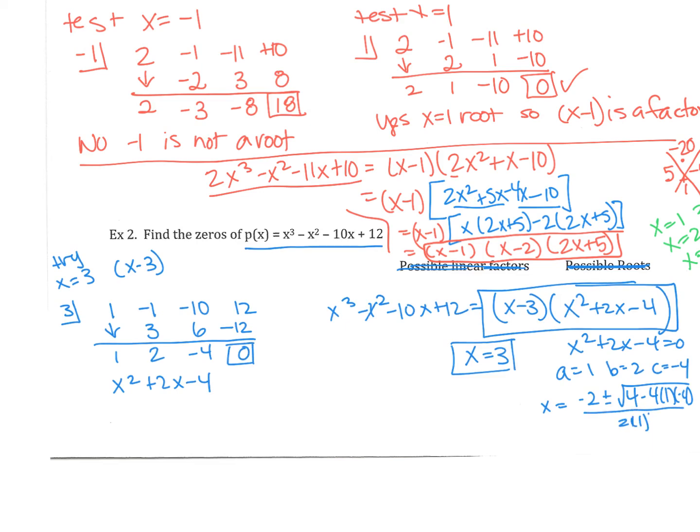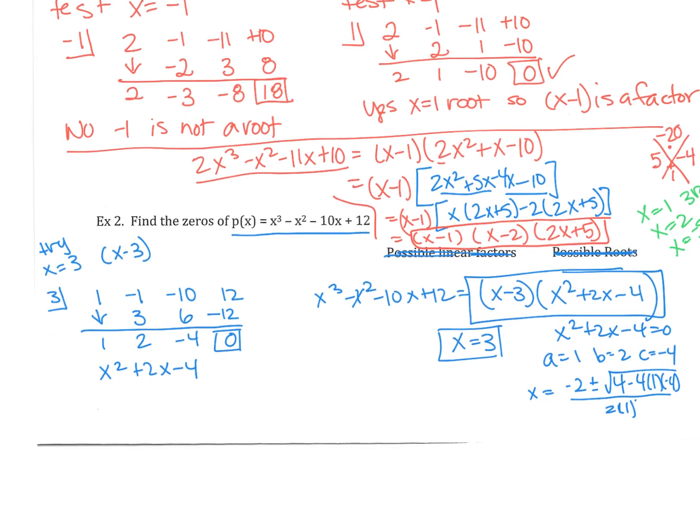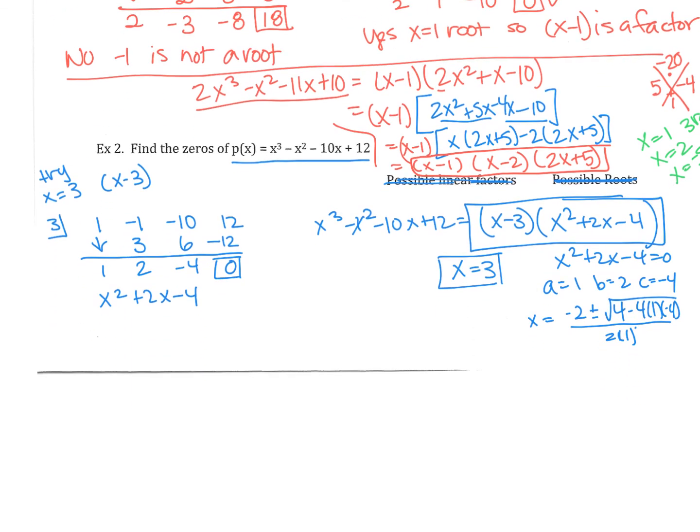And let me move my screen up. So underneath my radical, I have 4 minus 4 times 1 times negative 4. That's going to end up being a positive 16. 4 plus 16. I'm going to end up with a positive 20 underneath my radical, all over 2.